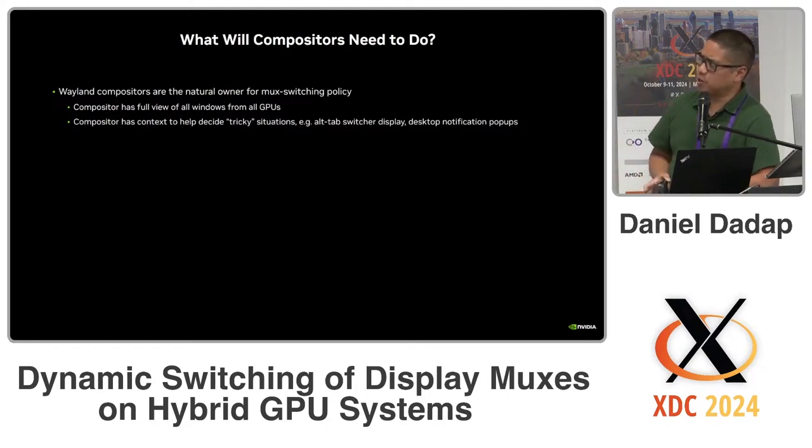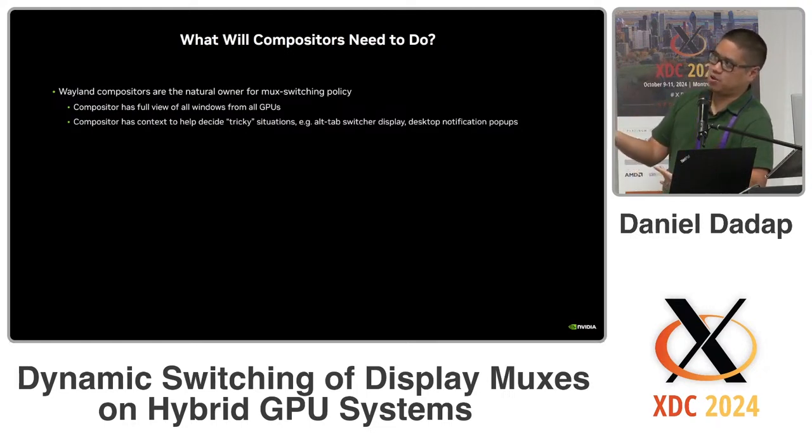So my go-to example for this is, again, if we consider that full screen, unredirected, render offloaded application, and then you hit Alt-Tab, and now all of a sudden you're not really full screen anymore because you're partially occluded. And here's a place where the compositor could decide, well, if it can do rendered composition on that GPU, it can decide to do rendered composition for that Alt-Tab pop-up without switching the mux until that pop-up is dismissed.